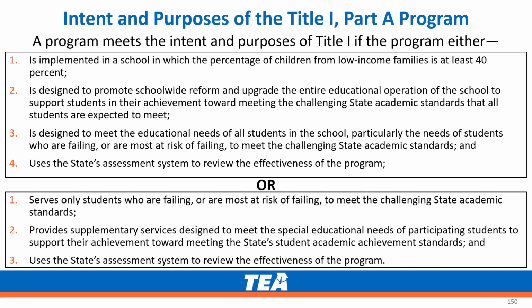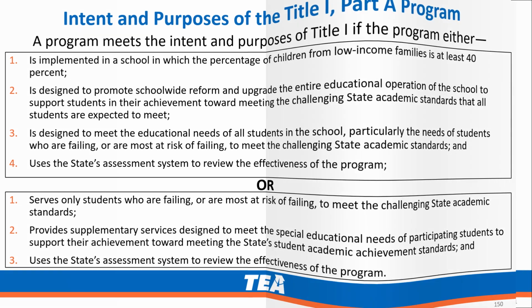Or, the program serves only students who are failing or at most at risk of failing to meet the challenging state academic standards, provides supplementary services designed to meet the special educational needs of participating students to support their achievement toward meeting the state's academic standards, and uses the state's assessment system to review the effectiveness of the program.